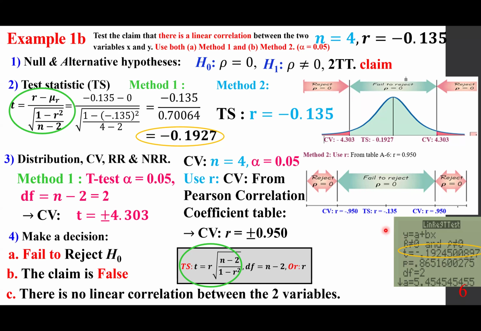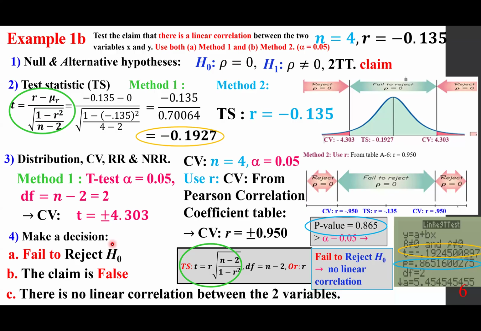Because remember, we did the rounding for R and we stopped at 5 digits. Now, the next one is the p-value, everybody. And the p-value is way larger than alpha of 0.05. Same decision. Fail to reject H0, no linear correlation. It's very straightforward, everybody.